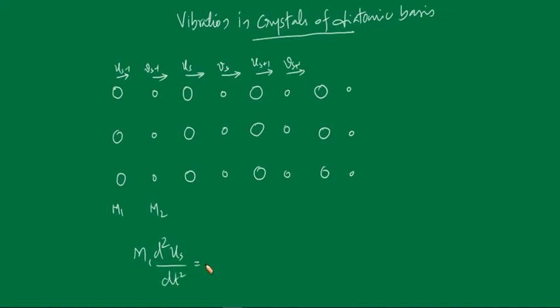So this is the force on the nth plane with the first mass, which is equal to minus C times (u_s minus v_s) plus (u_s minus v_{s-1}). Okay. Here the one plane interacts with only the nearest neighboring planes. Okay, so for a plane there are two nearest neighboring planes.